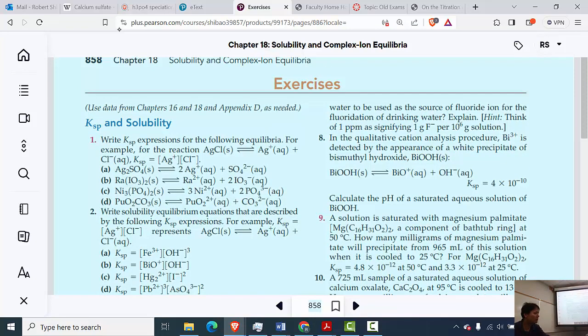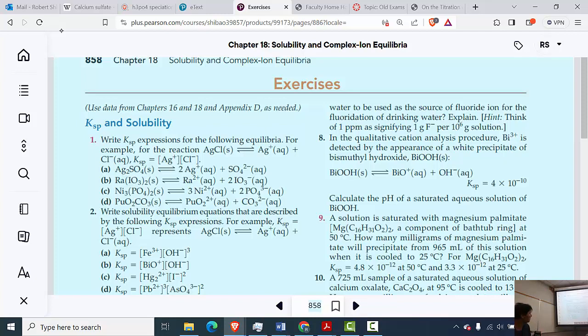One thing is the K expression. In 16 and 17, everything was to the first power, like silver ion to the first power, chloride ion to the first power. Now that we're back in chapter 18, we're going to have things raised to different powers.